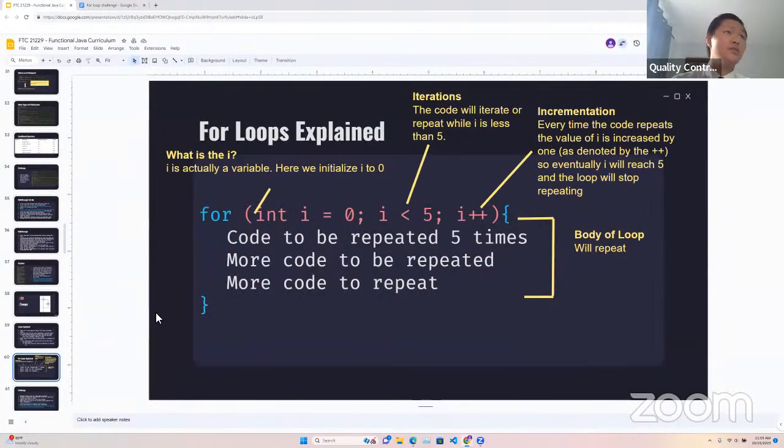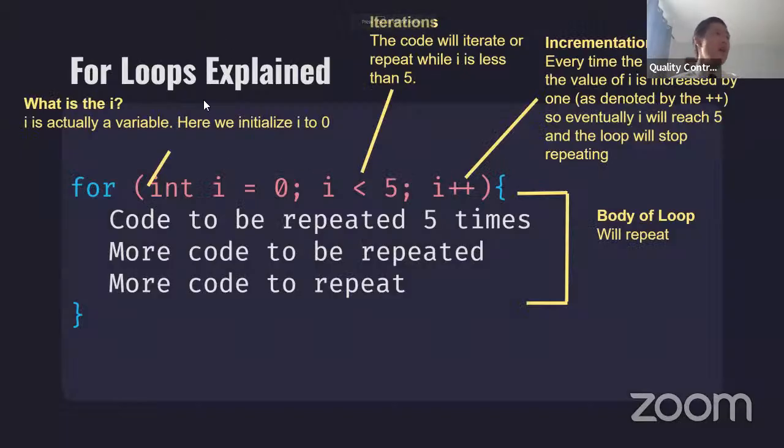All right, so a recap for you, Darren. This is a for loop. It follows the structure of for, then the condition. This is the initial variable, this is the number of iterations, and this is the incrementation. You just have to kind of know this.